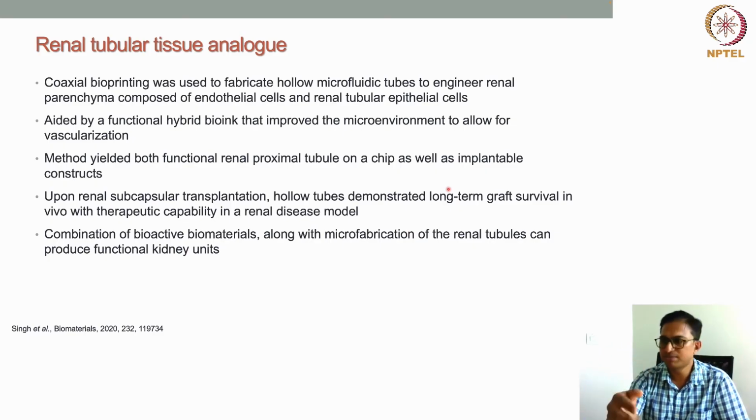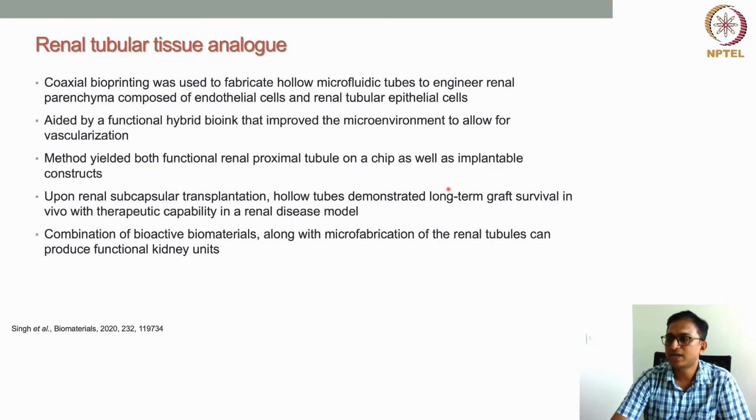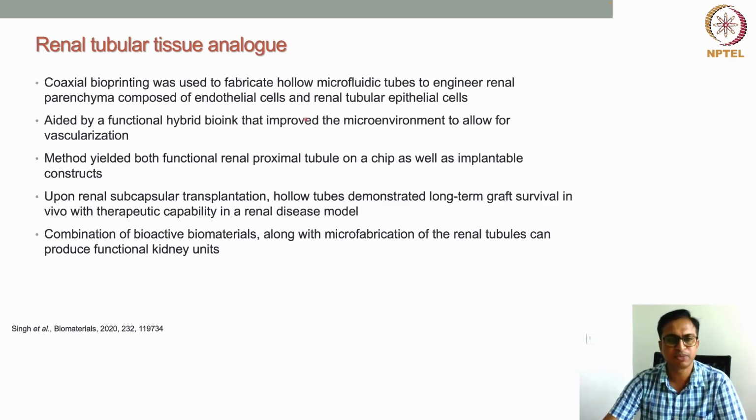So they dissociated the kidney, threw out all the cells, and collected the matrix, and then a hydrogel was developed from that. When you incorporate cells into the hydrogel, like tubular tissue-specific epithelial cells and other types of cells, you can develop this specific bioink.